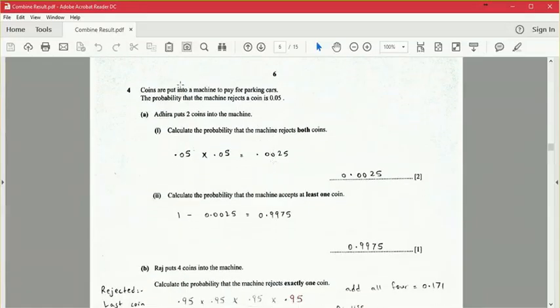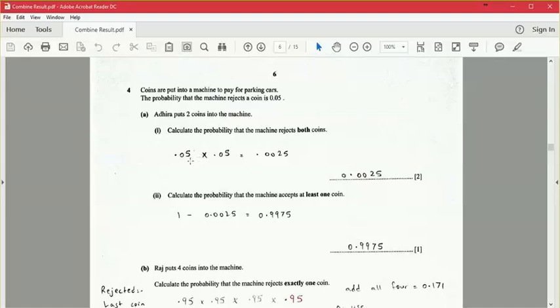Then for question 4, coins are put into a machine to pay for parking cars. The probability that the machine rejects a coin is 0.05. Then Adhere puts 2 coins into the machine. Calculate the probability that the machine rejects both coins.